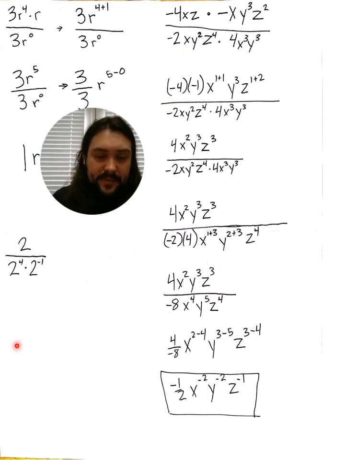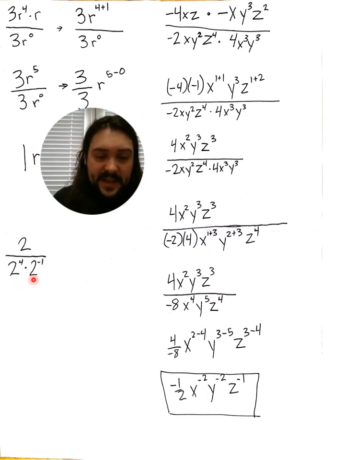One last one. We have 2 divided by 2 to the 4th times 2 to the -1st. This time it's in the denominator, so let's simplify the denominator first. So 2 to the 4th times 2 to the -1.